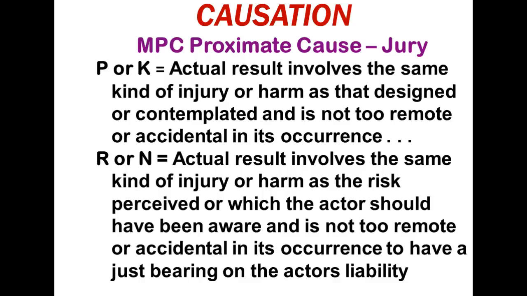And then for negligence, or which the actor should have been aware. And again, it asks this second question, is it not too remote or accidental in its occurrence to have a just bearing on the actor's liability? So in this instance, the jury would be asked, depending on the culpability that attaches to the result, these questions.